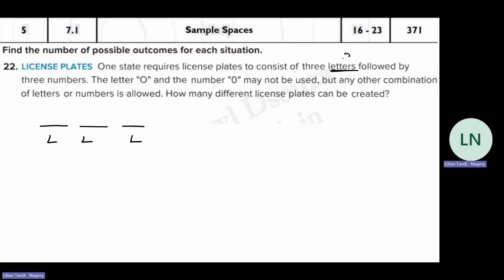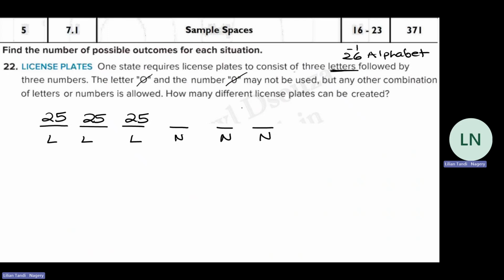There are 26 letters in the alphabet. Okay. And then 3 numbers. Okay. But you cannot use O. So if you cannot use O, that means I need to subtract 1 here. So I will have 25 different choices for letters.